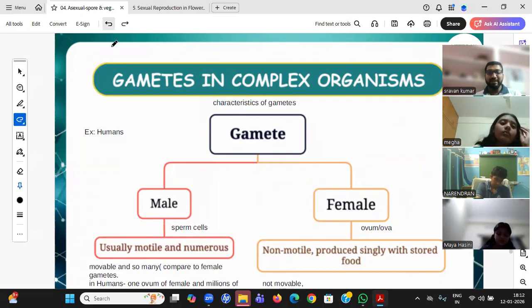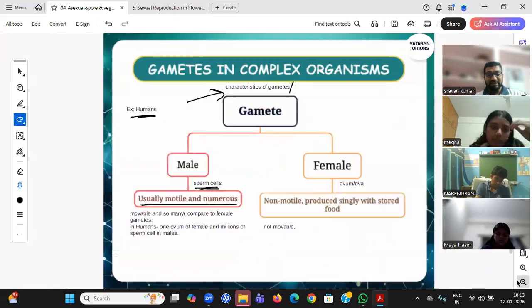In males, you all know, there are sperm cells. What are the characteristics of the sperm cells? They are usually motile. You need to write only this, the extra is for your understanding.